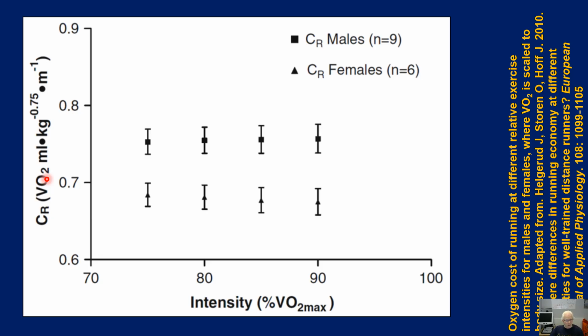When we scale, it fundamentally allows us to adjust for that. And when we adjust for that, you can see that the females are now more economical than the males. It really tells us how important body composition is: if we're carrying excess body fat, we've got to move that. It's dead weight that costs us energy, which increases the VO2 response.